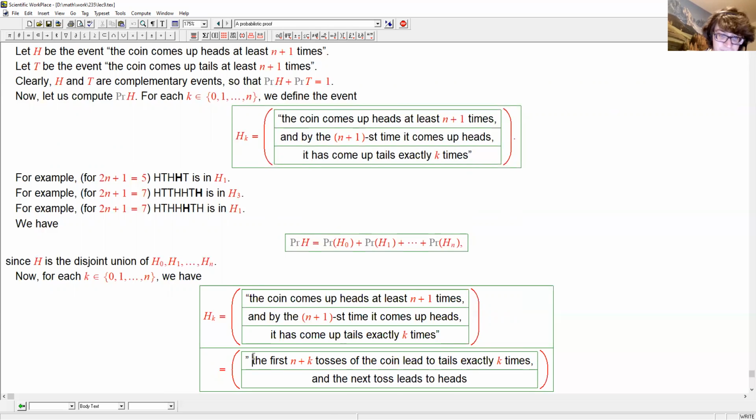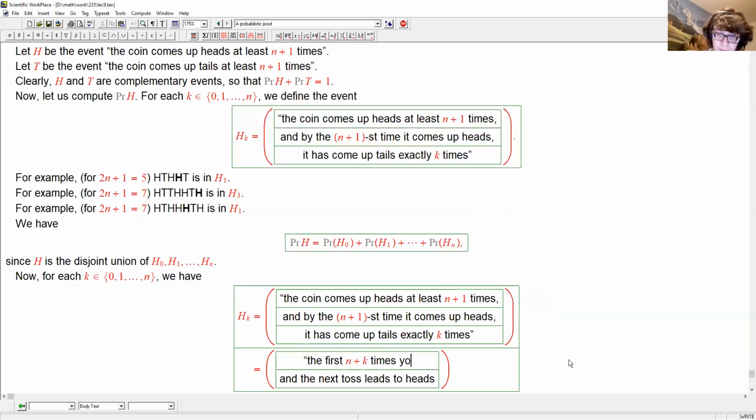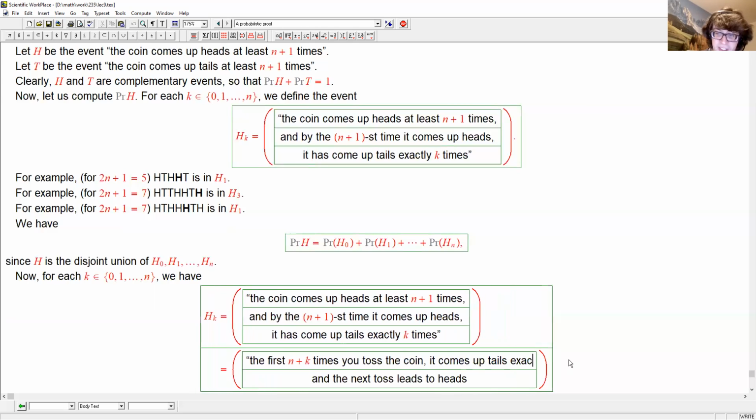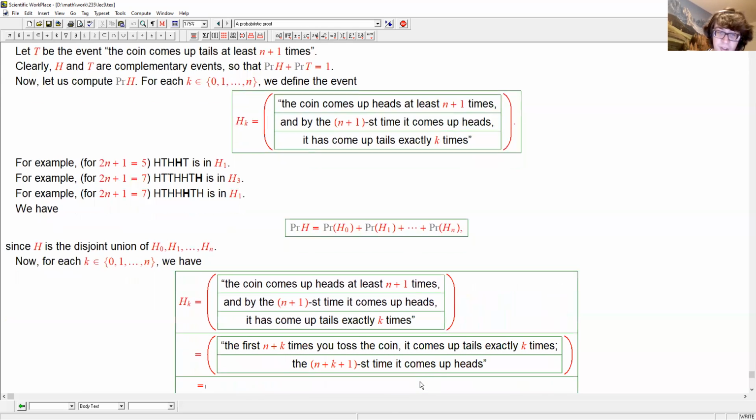So let me restate it. The first n plus k times you toss the coin, it comes up tails exactly k times. And secondly, the n plus k plus first time, it comes up heads. Why is this the same?